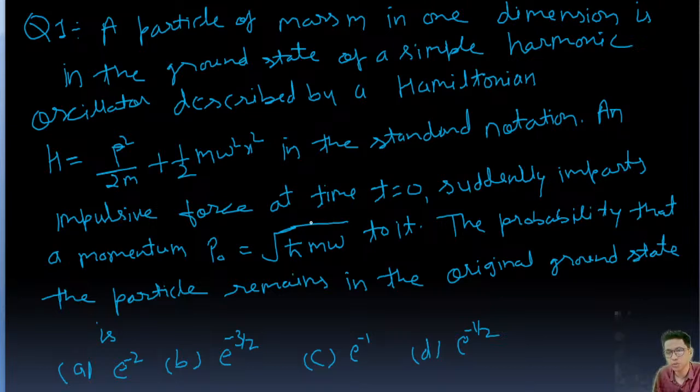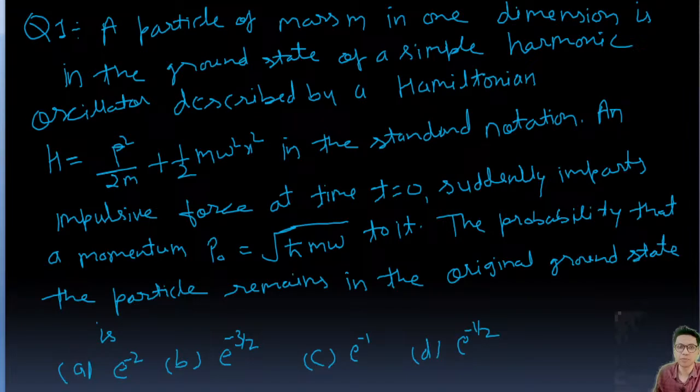Because of the impulsive force, the particle gets momentum at t equal to 0, so that it starts moving. Now, the probability that the particle remains in the original ground state.